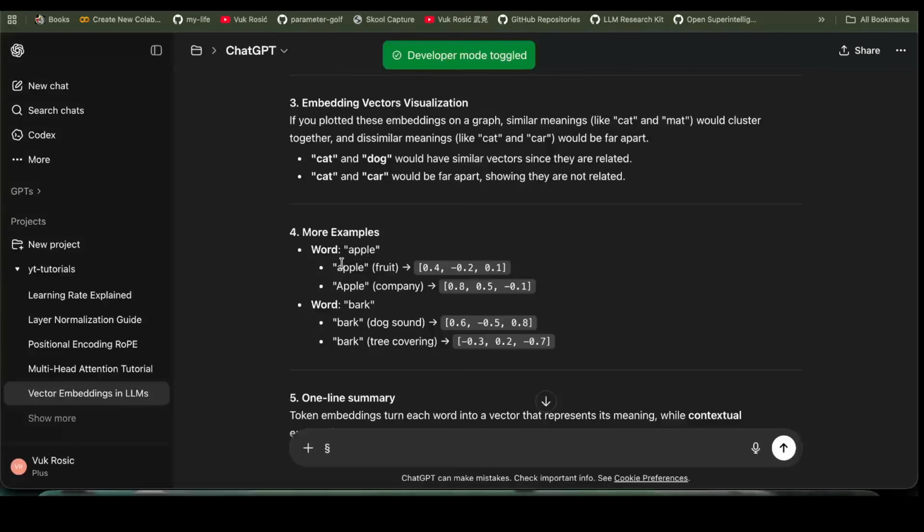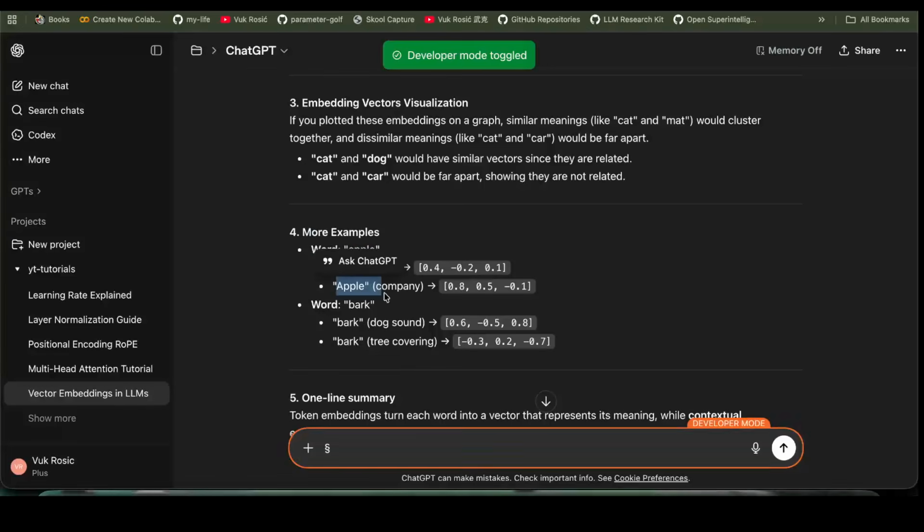There are also different ways. If you have Apple the fruit and Apple the company, they might actually have different embeddings. This would be a different token because it has this capital A, so it would be saved as a different token. And this embedding might be completely different from the Apple fruit embedding because they don't share much meaning. And bark and bark, here this would be the same token, by the way.